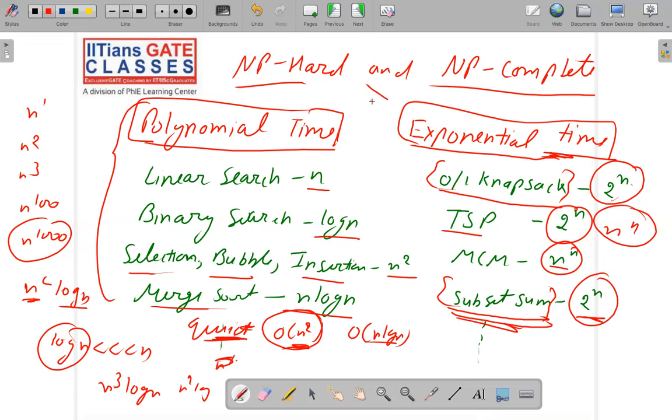So this is a very huge pain for algorithm researchers, because their main task is to reduce this exponential time problem into a polynomial time one, or find a polynomial time algorithm for exponential time problems. We have seen some dynamic programming solutions for this, but that takes too much space.